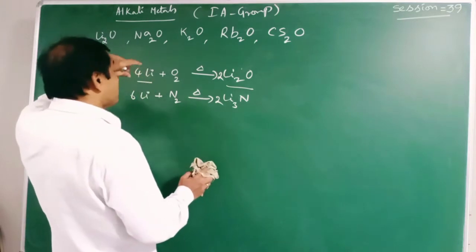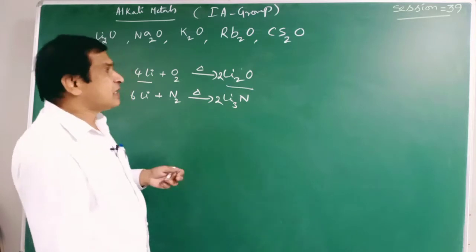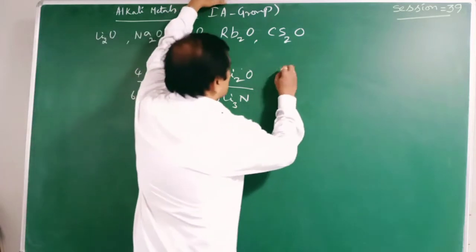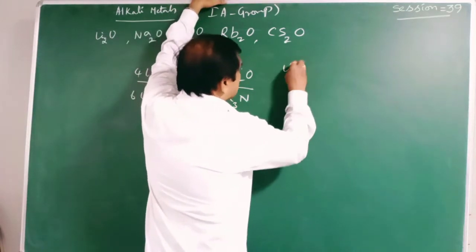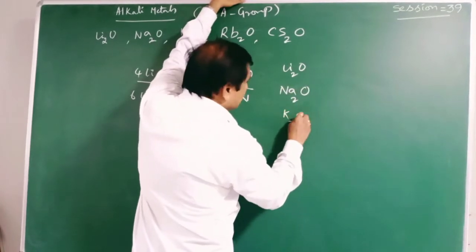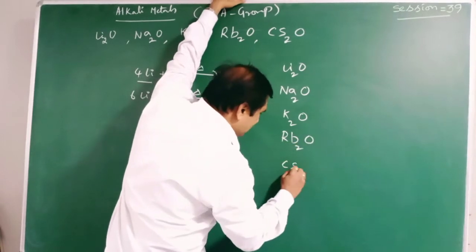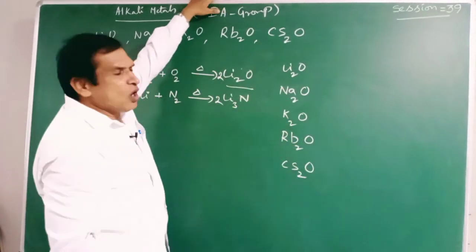So what is the nature of the oxides? Metal oxides are always basic in nature. Therefore lithium oxide Li2O, sodium oxide Na2O, potassium oxide K2O, rubidium oxide Rb2O, and cesium oxide Cs2O are all basic.